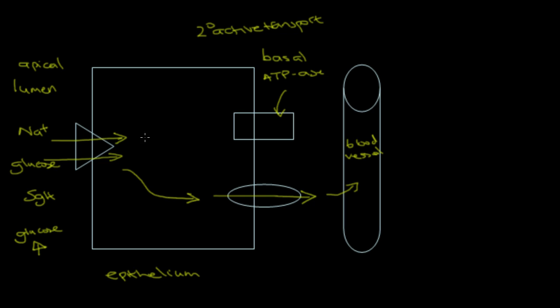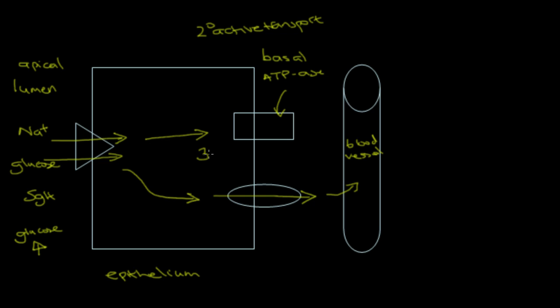The sodium now has to also be moved out of the cell because the concentration has gone up, but this is now having to move against its concentration gradient, and this is using this ATP-ase pump here. So it's an enzyme which cleaves the ATP, releasing some energy, which means that the sodium can move against its concentration gradient, and it moves via this sodium-potassium pump.